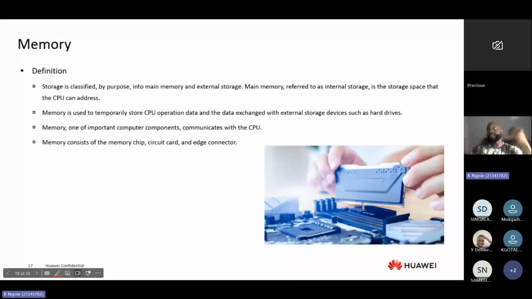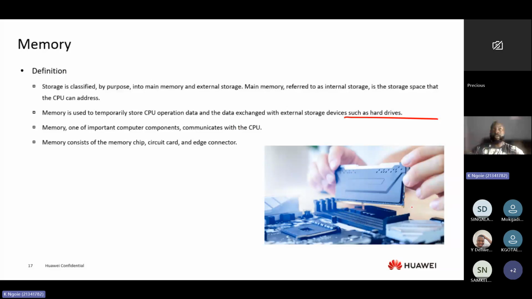So you can have a memory that is just temporary on the RAM, or you can have other memories that, even if you switch off your computer, are still there. Those are, for example, your hard drives. So it's very important to understand the memory and whatever chip that you are using.